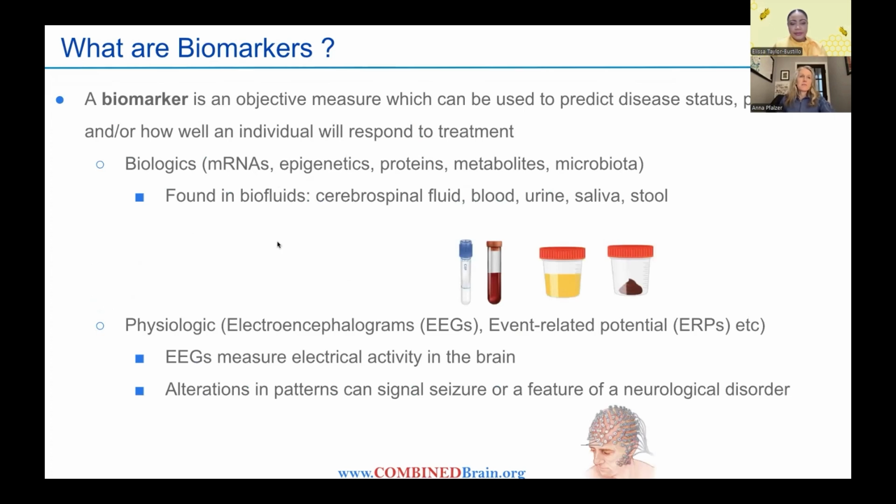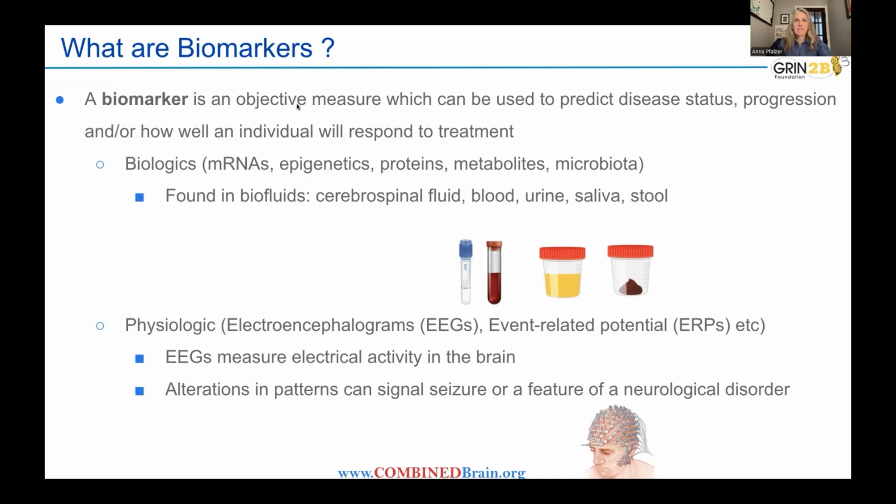Okay, so this is a little bit of a generality, but biomarkers, the way they distinguish themselves from surveys or other sort of caregiver or patient-reported measures is that biomarkers are objective measures, which can be used to predict disease status, progression, and or even how well an individual is going to respond to a particular treatment.